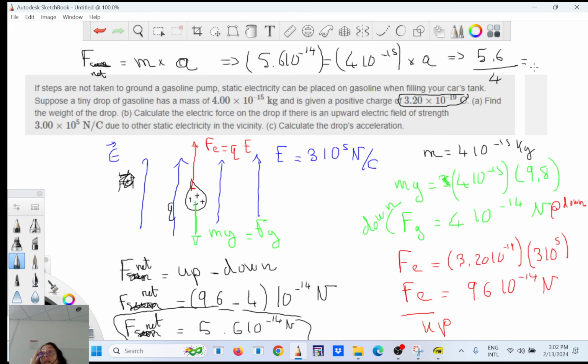It's 14? I don't know, but why do you have a 10 to the negative 15 down there? It's not 14.